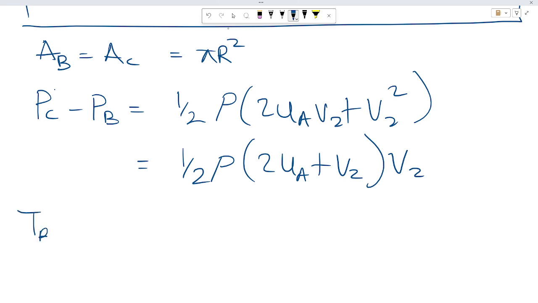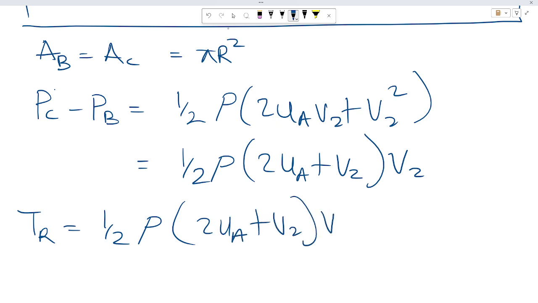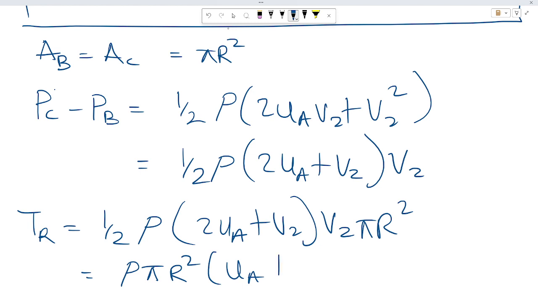So the thrust will now be half rho, 2 UA plus V2, V2 pi r squared, which equals rho pi r squared, UA plus half V2, V2.